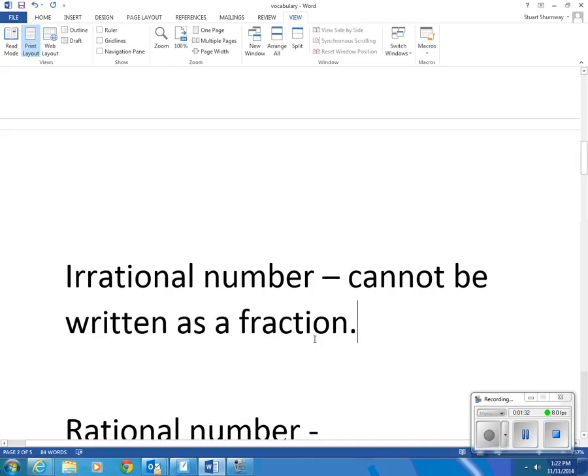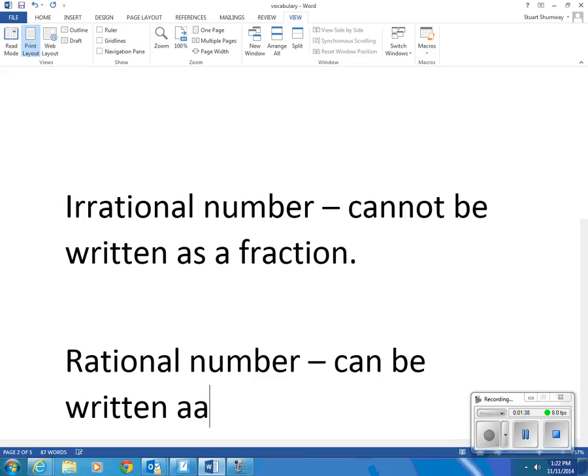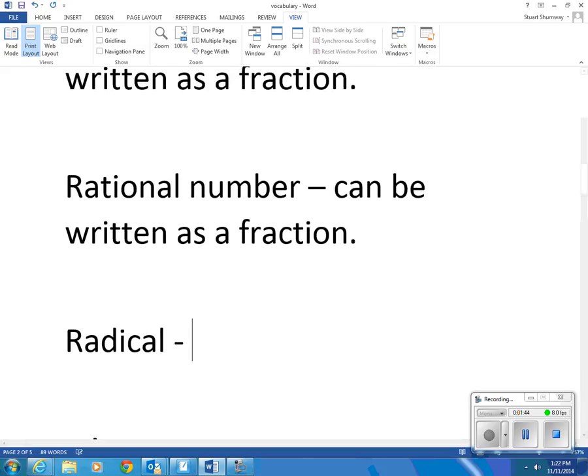Irrational, not rational. That means a rational can be written as a fraction. Radical, square root. So radical 9 is 3, meaning the square root of 9 is 3.